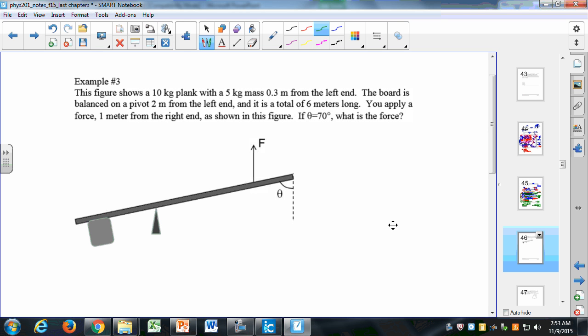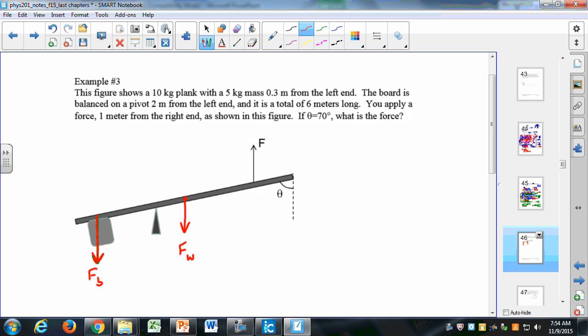So I'm going to start labeling some of my forces. I have a force that's here. I'll call that FB. I have a weight that's going to be right here at the center. I'll call this FW.